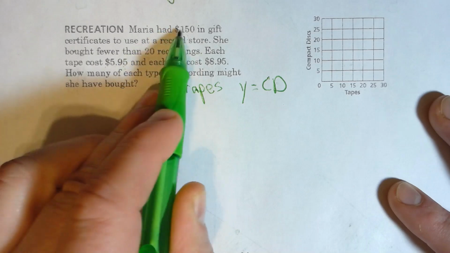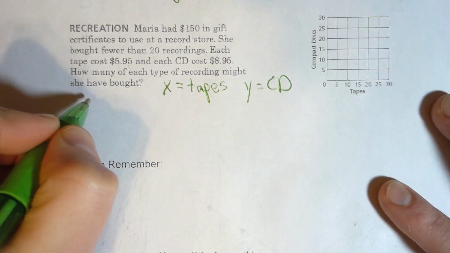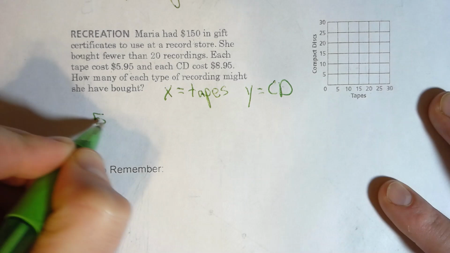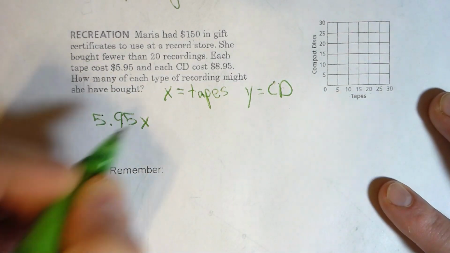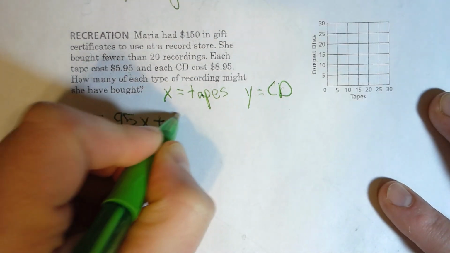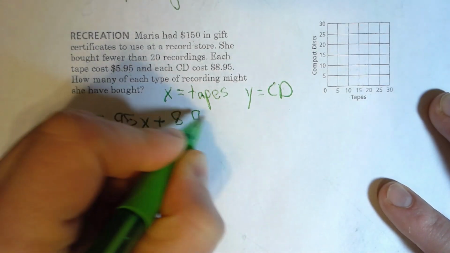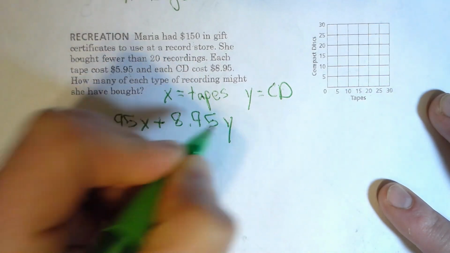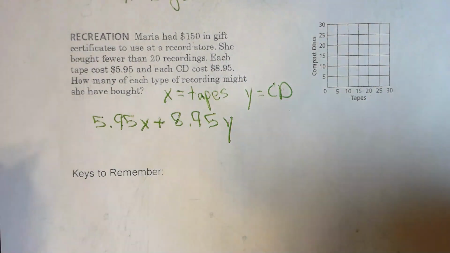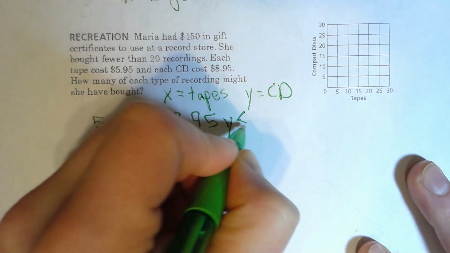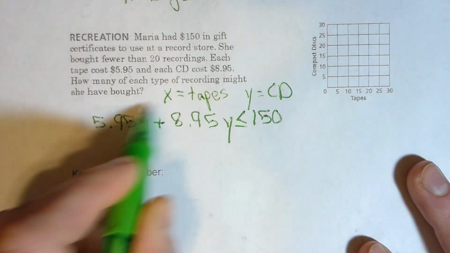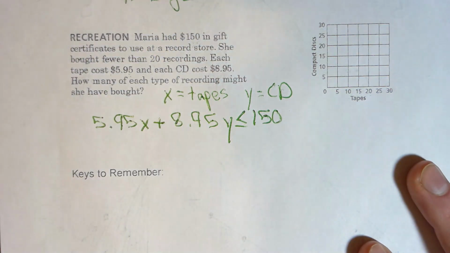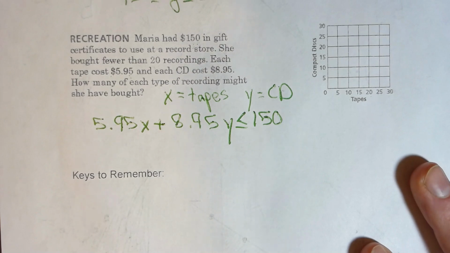Money times the number of tapes she bought plus money times the number of CDs she bought. Well, that's got to be less than or equal to the amount of money that she has. This cannot exceed the amount of gift certificates that she had.